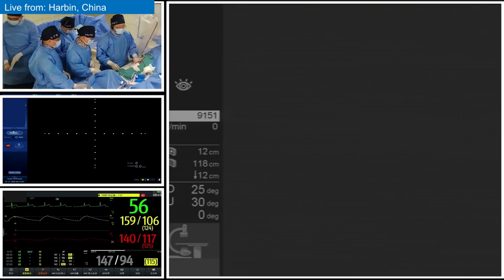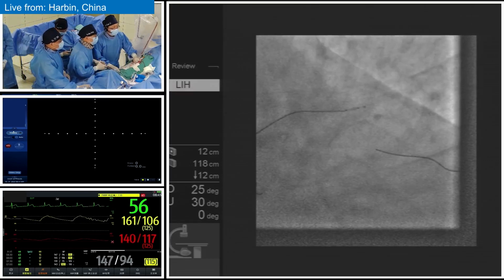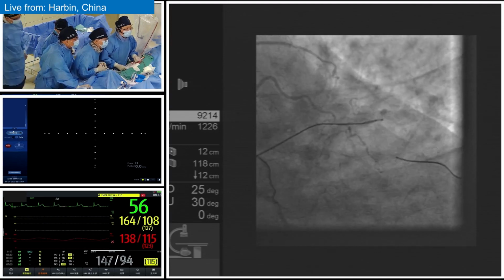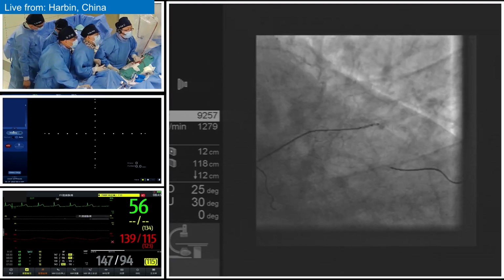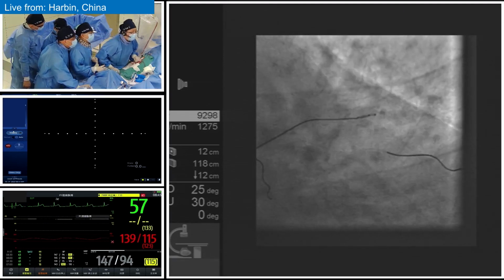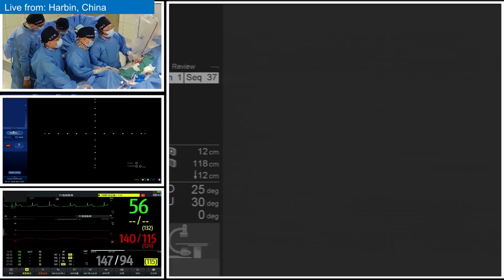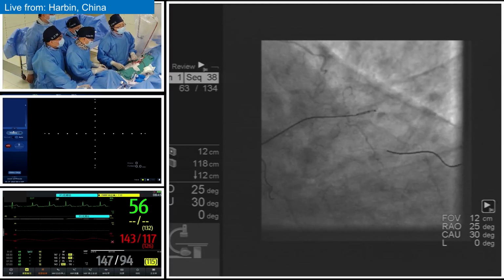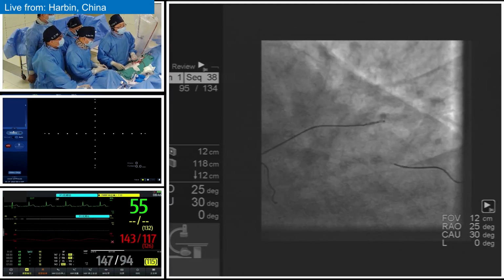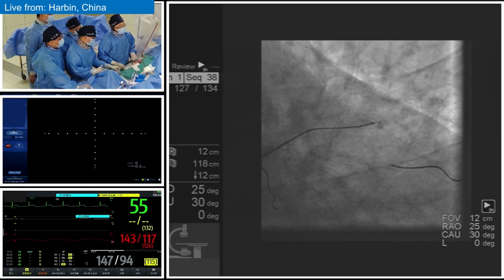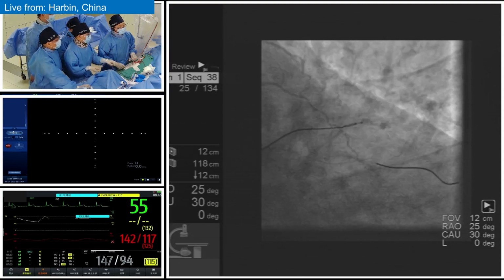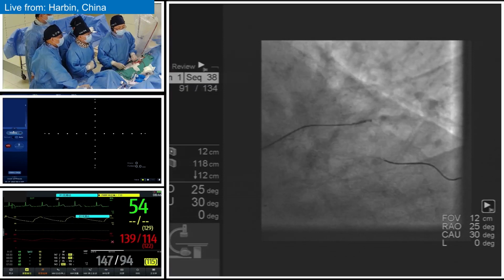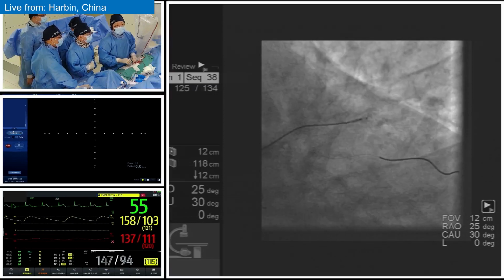Not very clear, because there is some mild diffuse calcification, which influences the identification of the distal entry point. So maybe I think a straw may help?